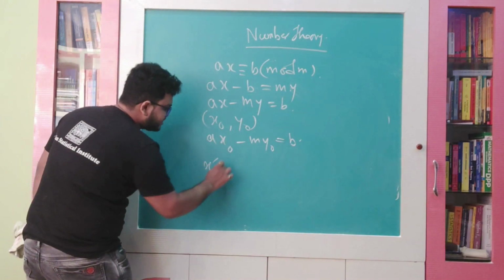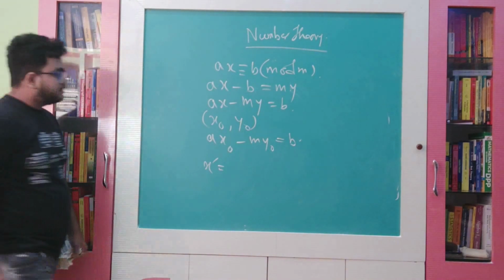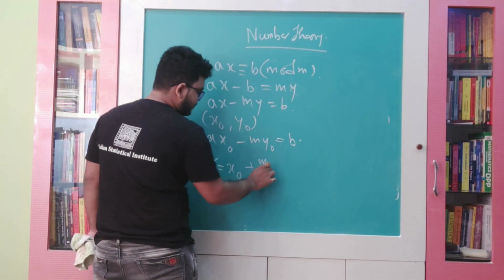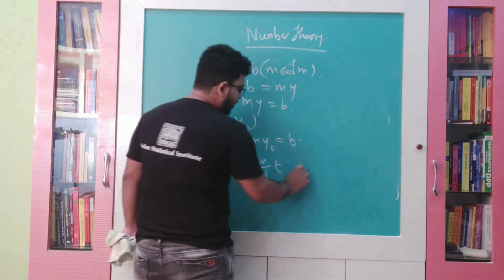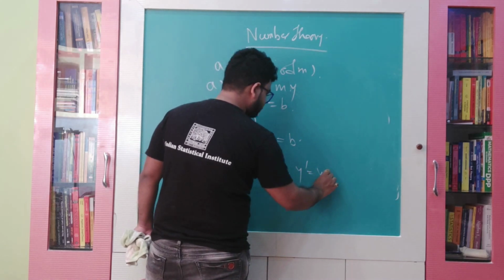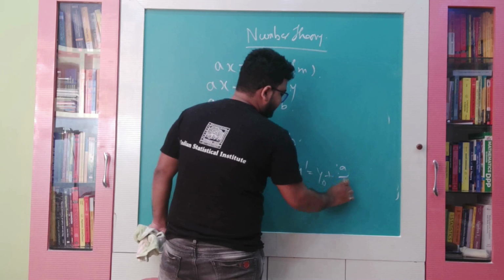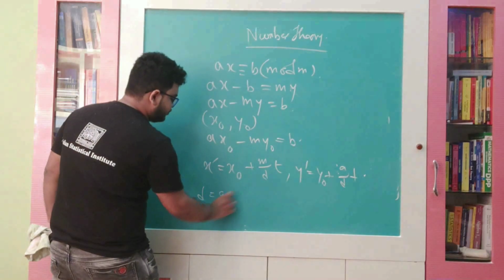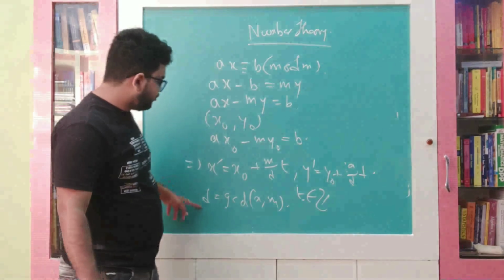You can take x dash equals x0 plus m by d times t, and y dash equals y0 plus a by d times t, for every integer t, where d equals gcd of a and m.